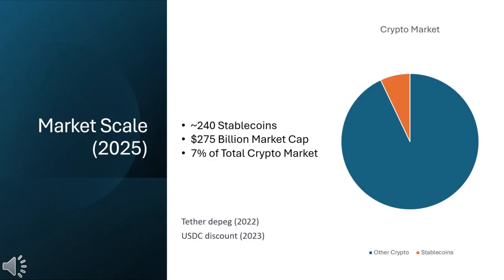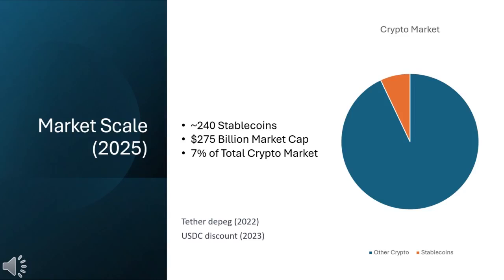In terms of scale, gold-backed money once constituted essentially the entire monetary base of participating economies. Today, stablecoins are smaller but hold significant weight in digital finance. As of 2025, approximately 240 stablecoins were operational, with combined market capitalization around $275 billion US, about 7% of the total cryptocurrency market.